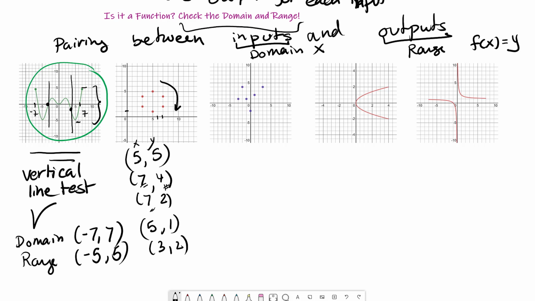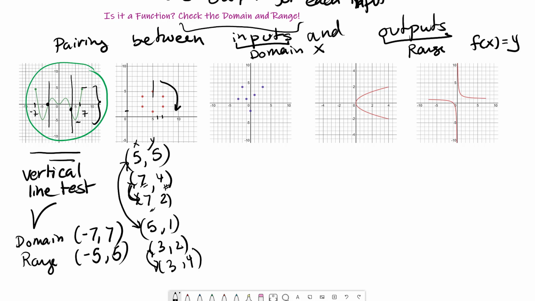And finally, 3 and 4. So we have a few points here that have the same x's. We have 2 points with 7 as x, 2 points with 5, and 2 points with 3. So this is definitely not a function. We could also use the vertical line test here.